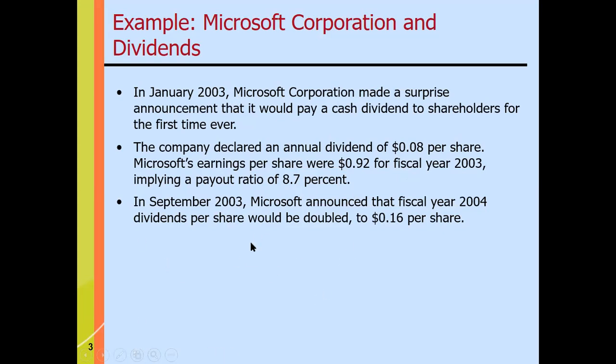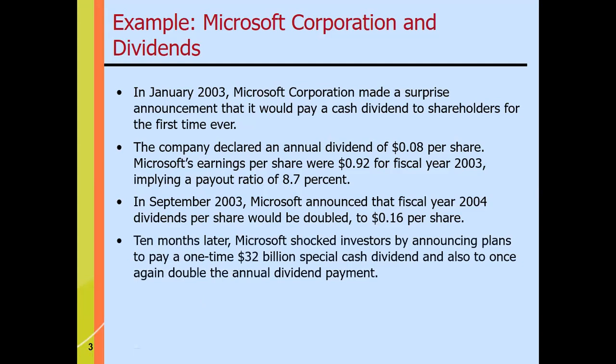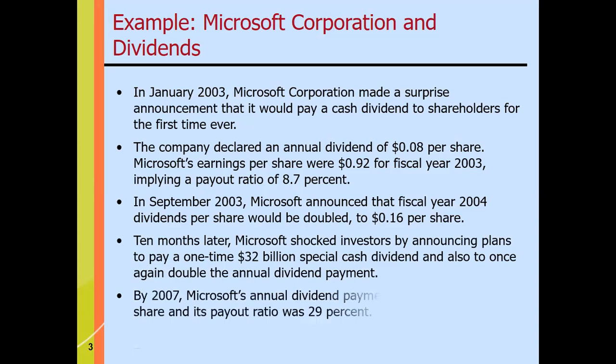In September 2003, Microsoft announced that fiscal year 2004 dividends per share would be doubled to $0.16 per share, in just a matter of 8 to 9 months. Then 10 months later, Microsoft shocked investors by announcing plans to pay a one-time $32 billion special cash dividend and also to once again double the annual dividend payment.